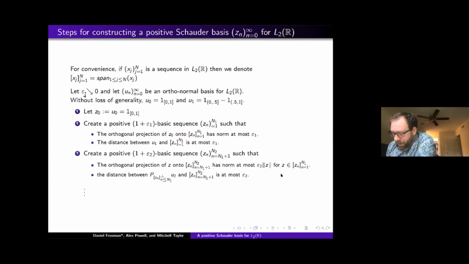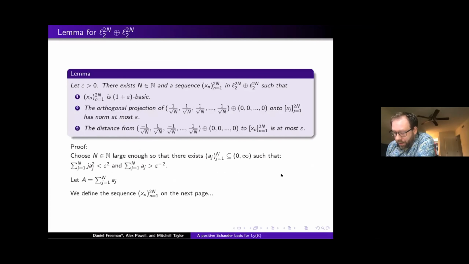Okay, so let's talk about how to do this step 2. And this is going to rely on a lemma in finite dimensional little l2. So the idea is we have some allowed error, epsilon greater than 0.